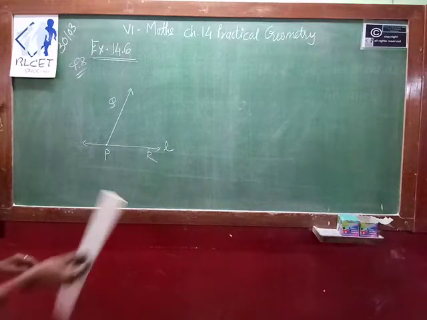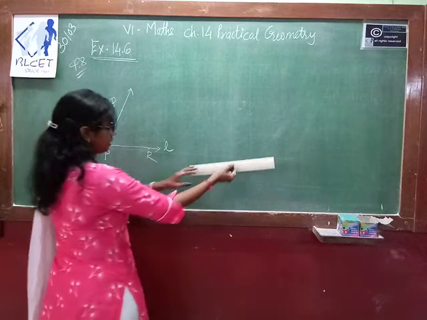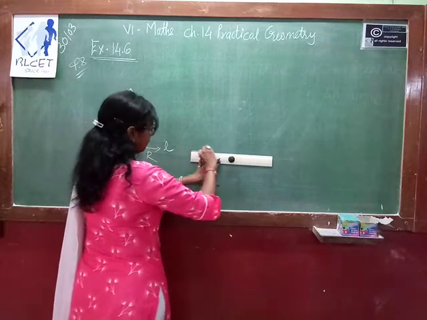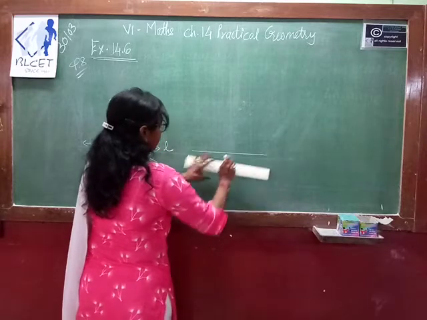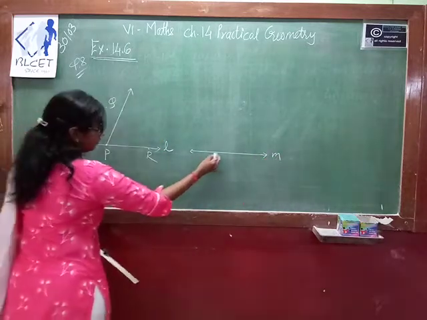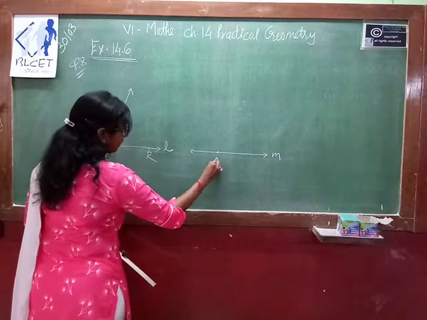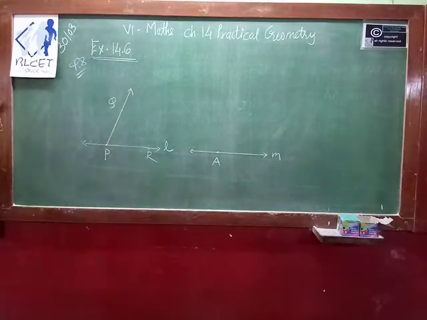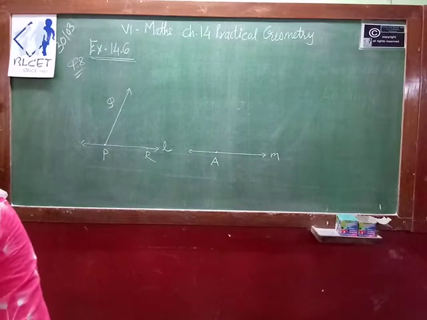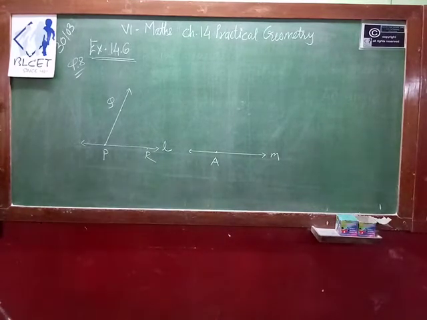So what we can do? First, we draw the line. Name it as M. Put a point A where we have to copy. We don't use the protractor now.